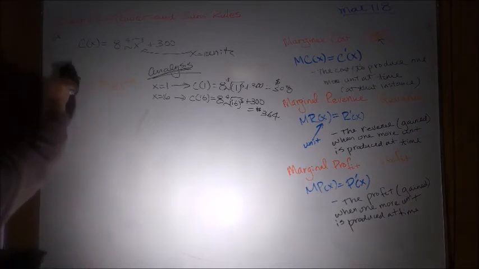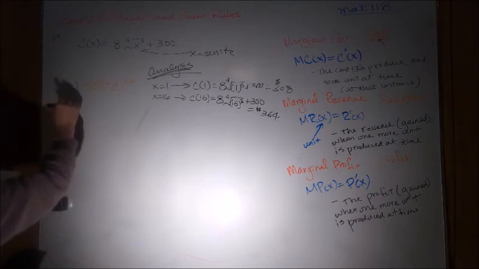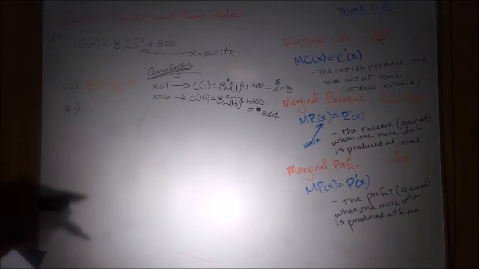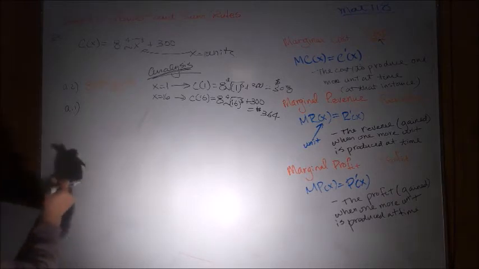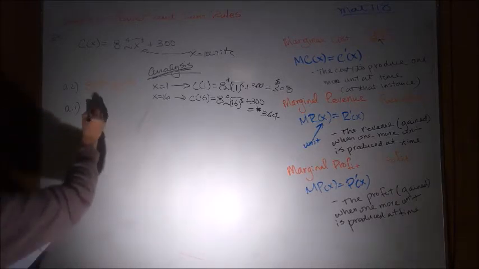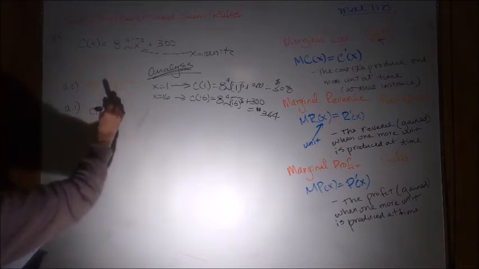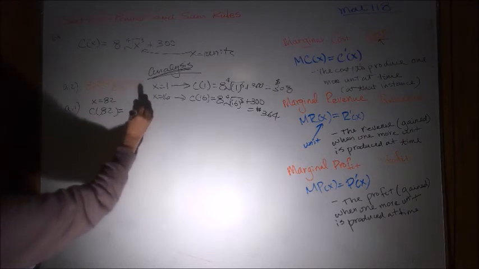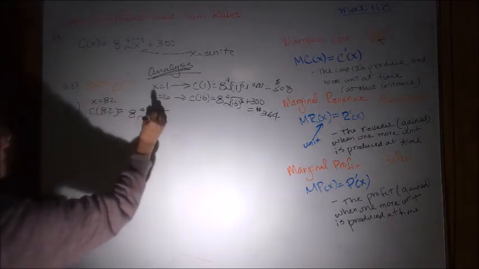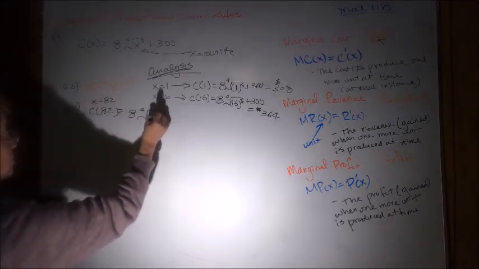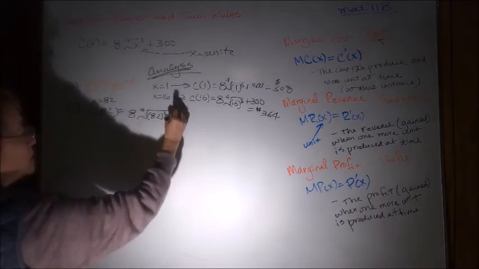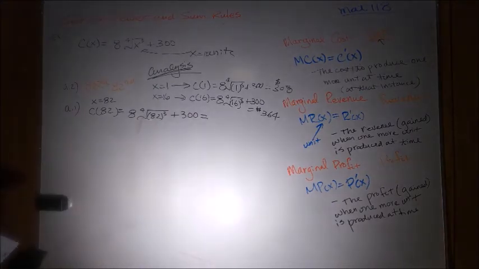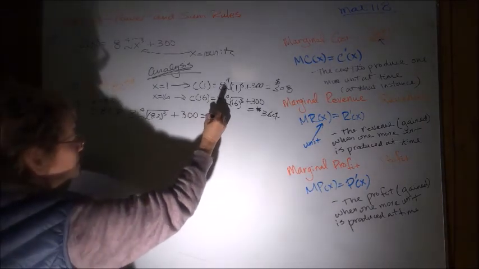So the first question is asking to figure out the total cost if you produce 82 units. What do you need to do? You just plug in 82, so your x is 82. Take the cube, take the 4th root, plug directly into the function, then use your calculator.